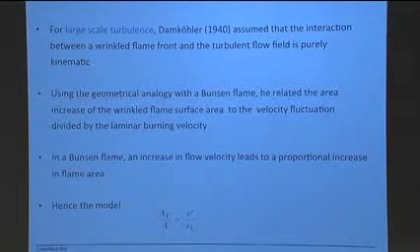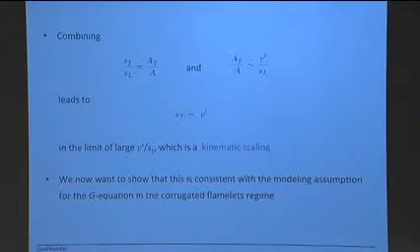Now, if I plug this in here, let's say ST over SL is equal to AT over A, and I plug this in, then you see ST is just proportional to v prime. Okay? So does that make sense? So what this says here is that the propagation velocity does not depend on the laminar burning velocity or the flame thickness or any kinetic parameter.